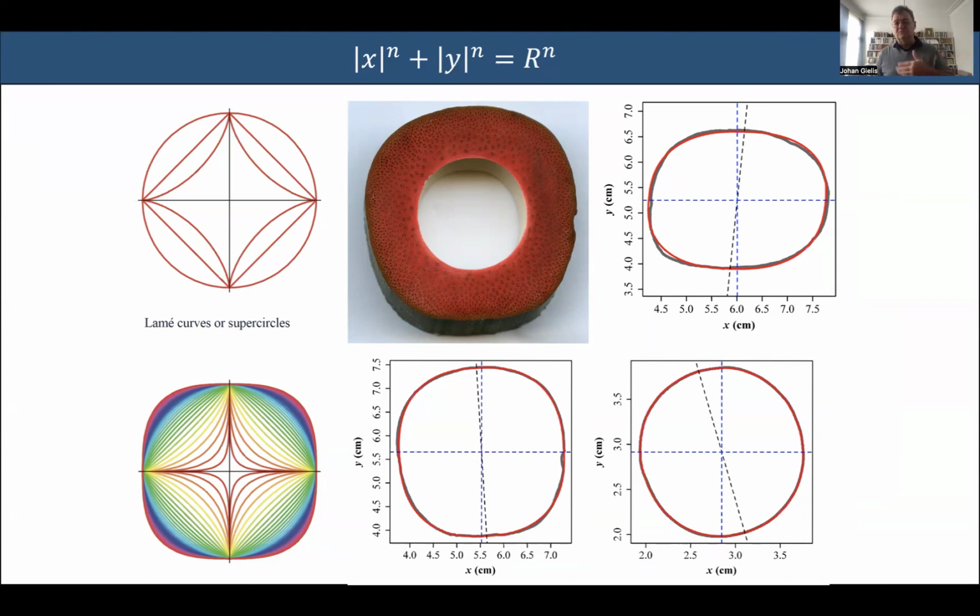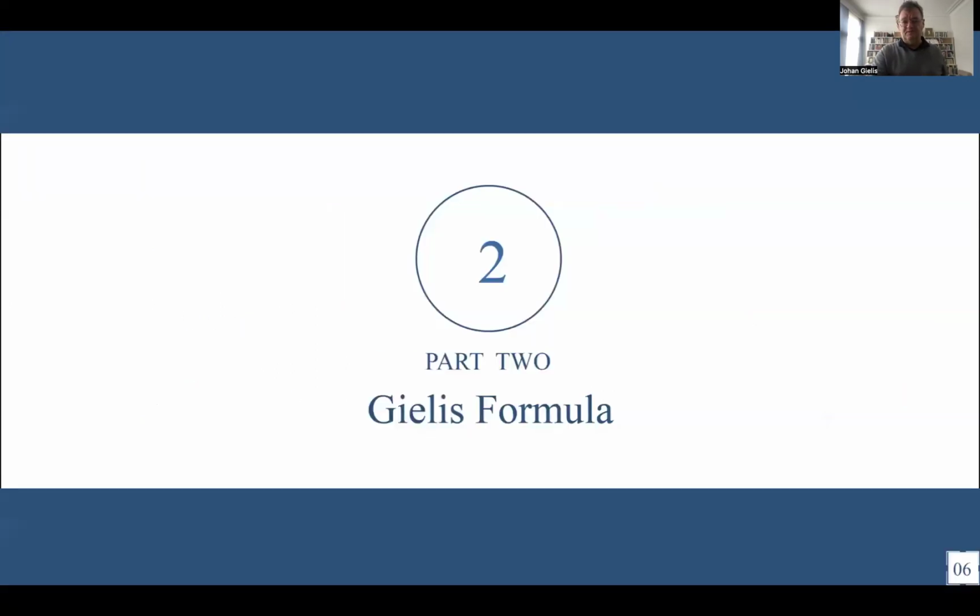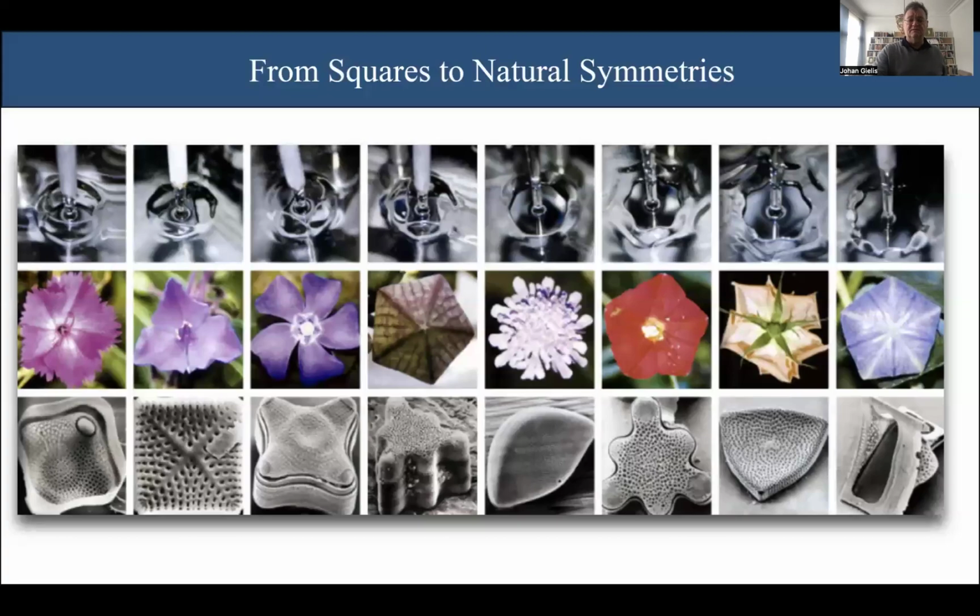If x squared plus y squared equals r squared, that defines a circle, but if you have some number n, you can define any shape in between a circle and a square, and so on and so forth, as you will see in the lower left and the left panel. But you also see that we could use this immediately to describe square bamboos very accurately. Now, what is this formula?